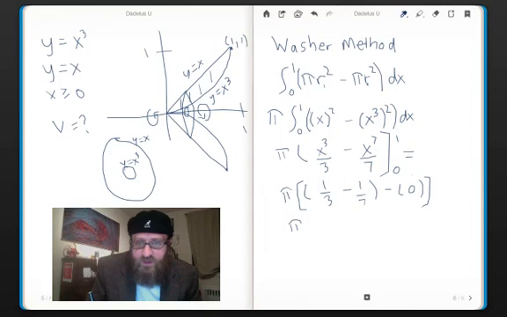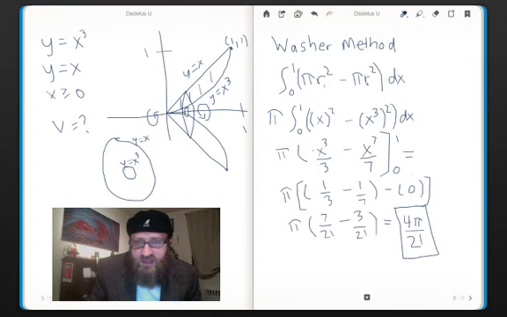In integration, I always have to stress this point with my students, there's a fair bit of tedious fraction work to be done. Our common denominator for 1/3 and 1/7 is 21. So our final answer, after doing just a touch of fraction work, is 4 pi over 21.